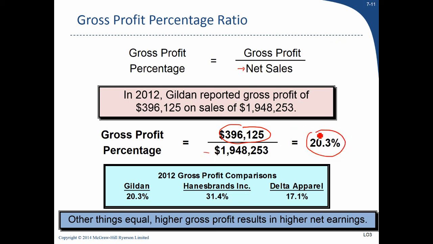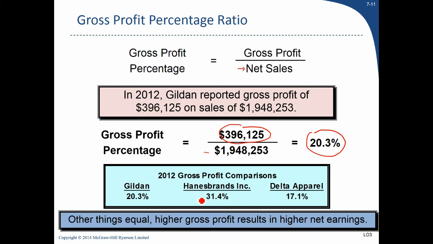And that just gives a sense of, for every dollar of net sales, how much are we really earning? Because if it costs us $1.20 in inventory to make a sale for $1, we're actually losing money every sale, right? In this case, we're profitable, 20.3%. So all we're saying is gross profit is 20.3% of net sales, which means cost of goods sold is 80% of net sales.